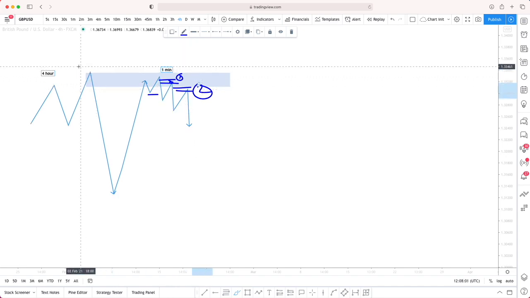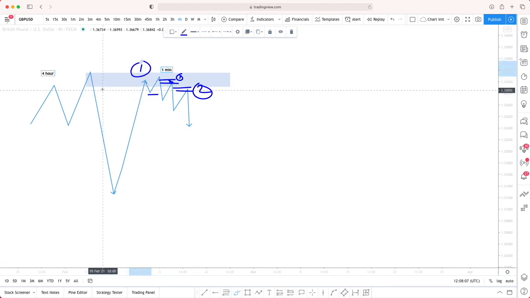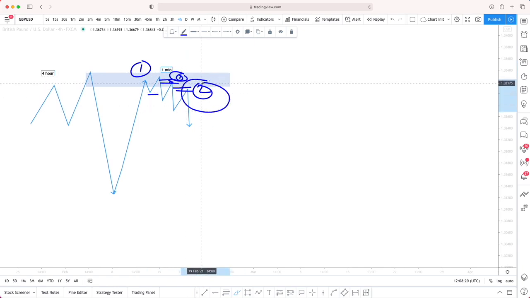On the 4-hour, entry number one is low probability because we don't know if it's just a liquidity grab and price can continue. But by using a confirmation entry, we can make this low probability become a high probability by waiting for either entry number one or entry number two. To get the best and the safest entry, wait for number two. Why?